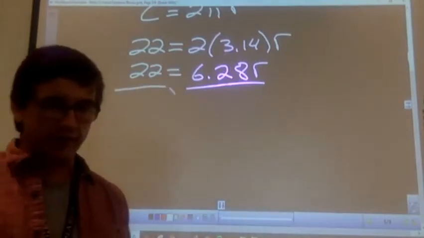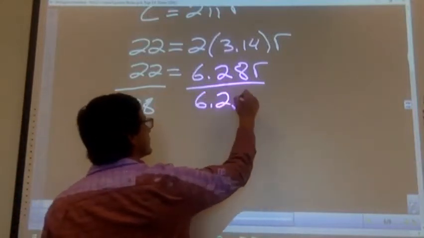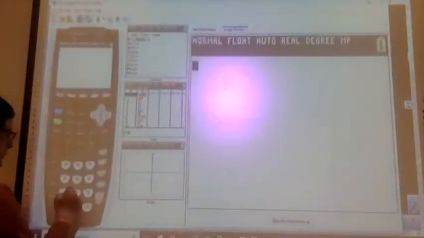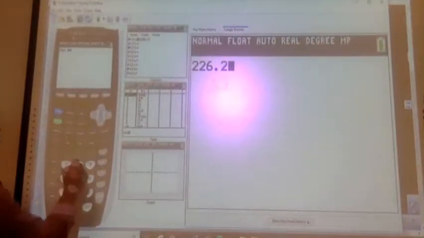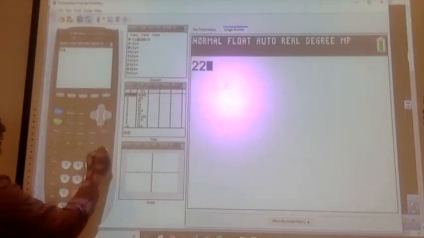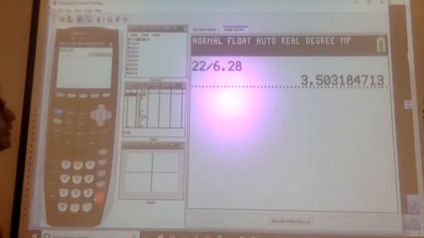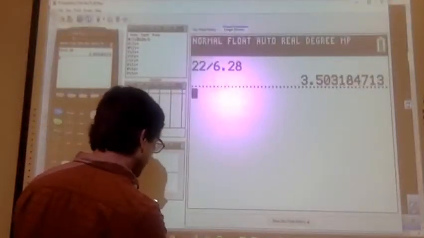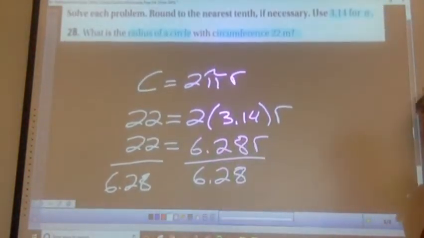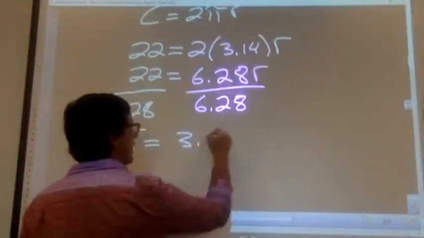Then my last step, just divide by 6.28. So I'm going to do that in the calculator real quick. That is not even close. So 3.5 for the radius. I think they wanted us to round to the tenths. Yeah, nearest 10. So radius equals 3.5.